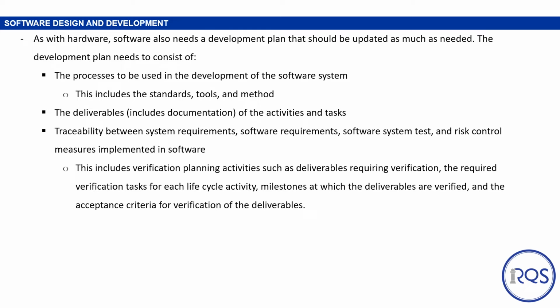This includes verification planning activities such as deliverables requiring verification, the required verification tasks of each lifecycle activity, milestones at which the deliverables are verified, and the acceptance criteria for verification of the deliverables.